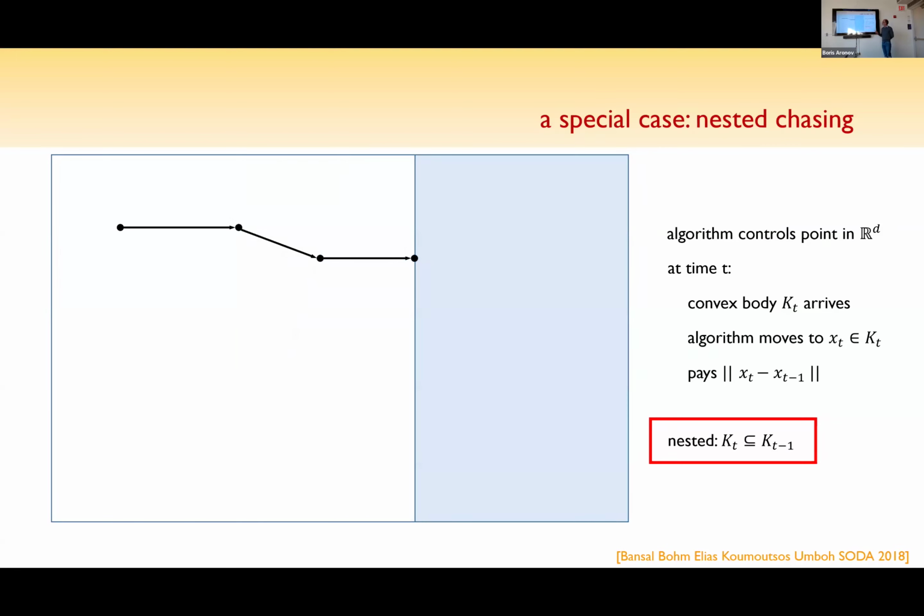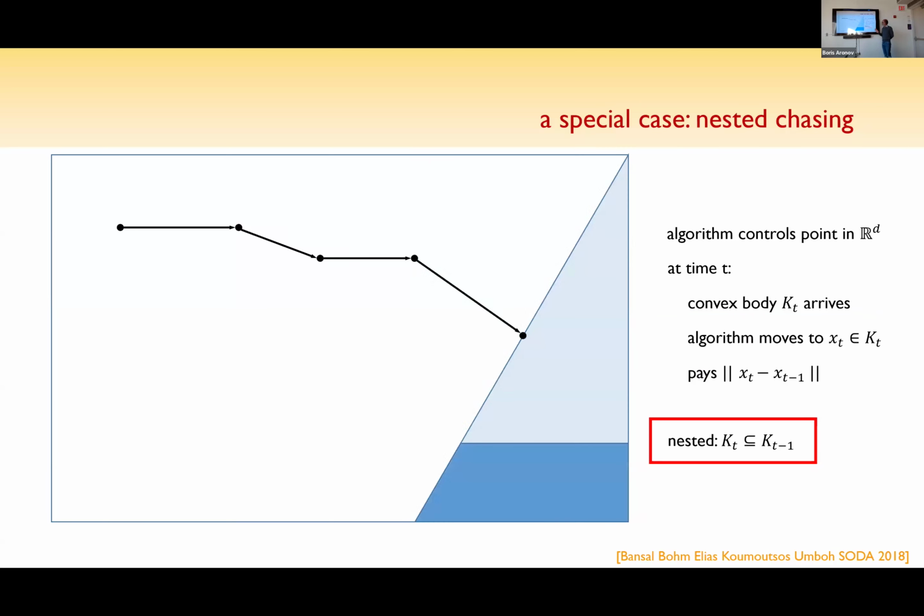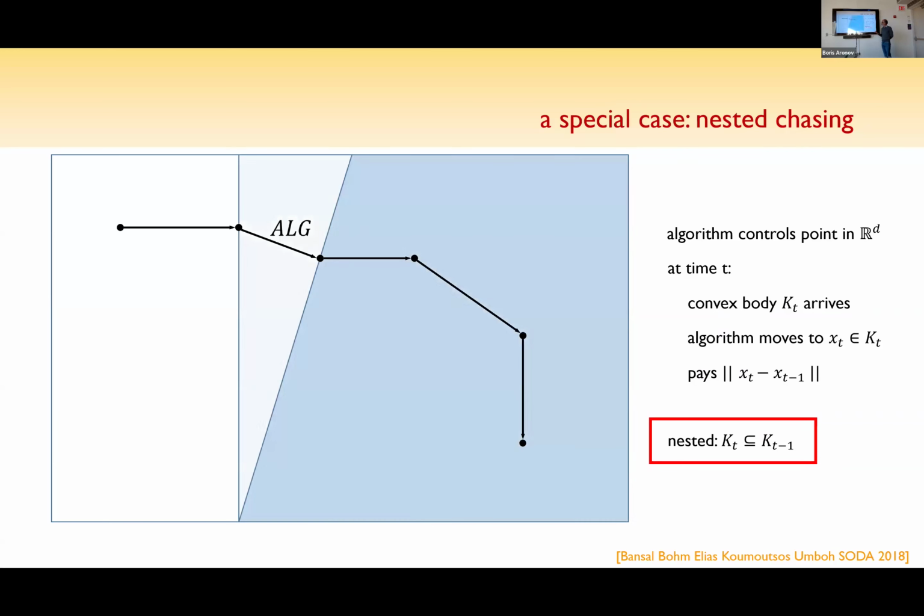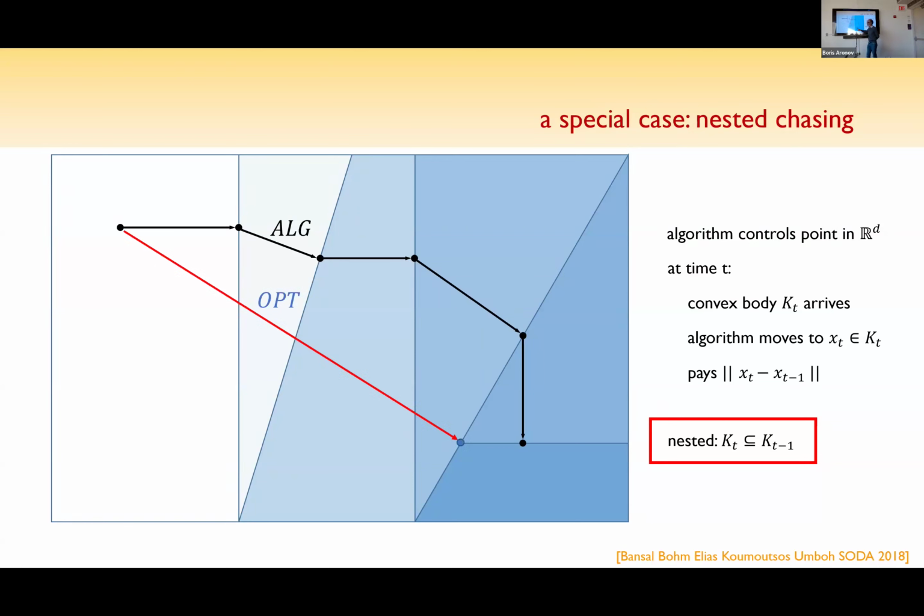In this case, you'll notice the algorithm I'm running is just the projection, the greedy algorithm. Just move to the closest point. You don't have to use that algorithm. This is the cost of my algorithm. Now, of course, if you look at the nested case, it's easy to figure out what the optimum is. You just look at the last body and move to the closest point in that.